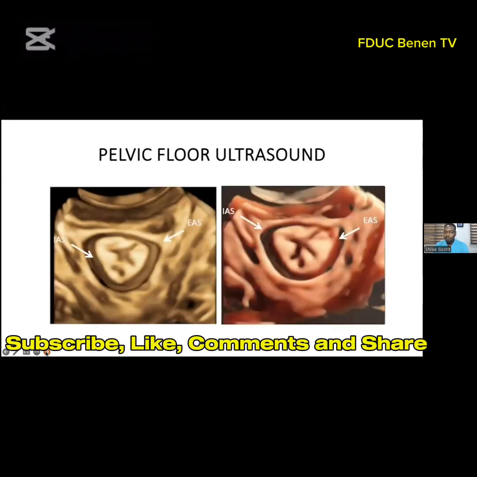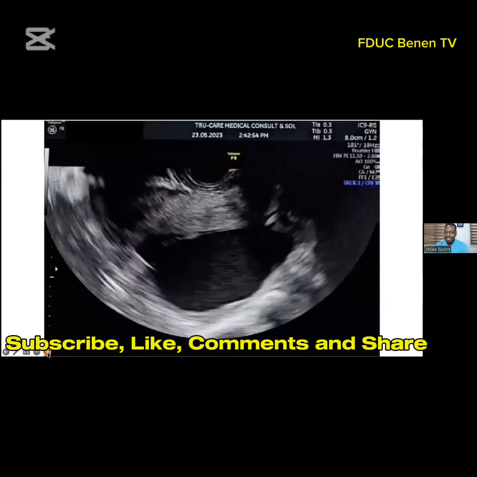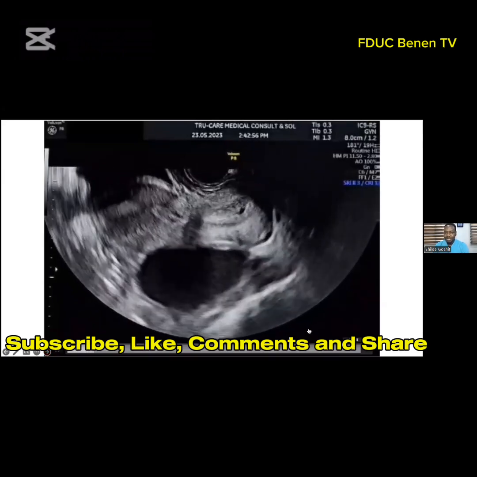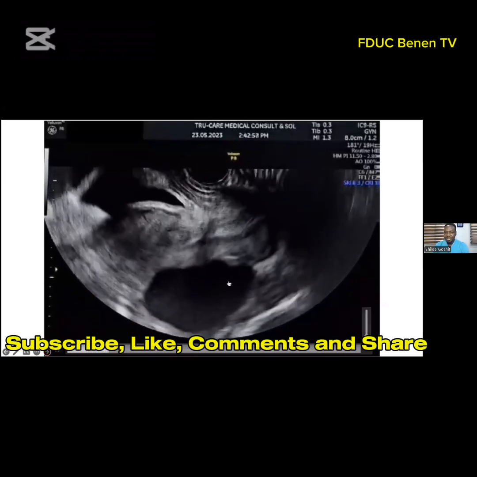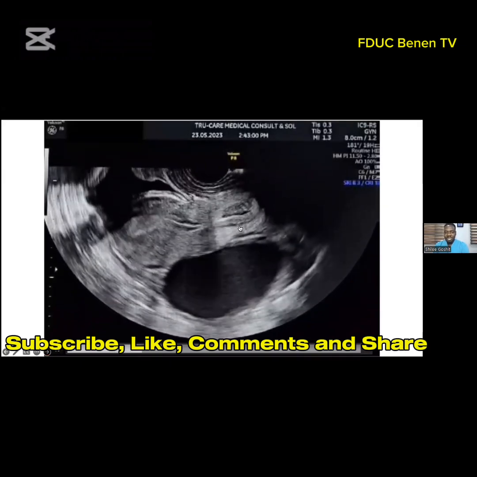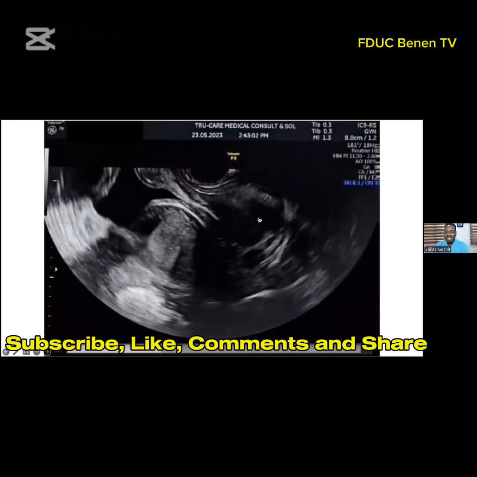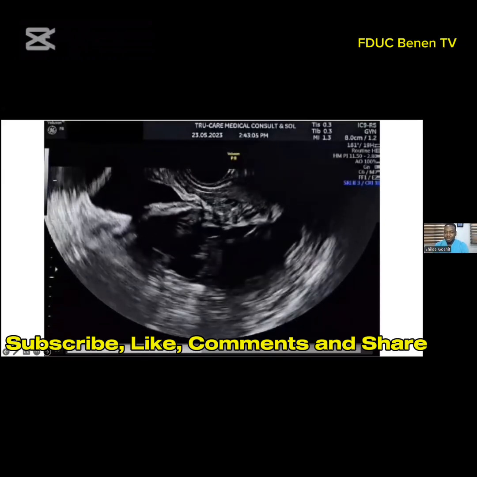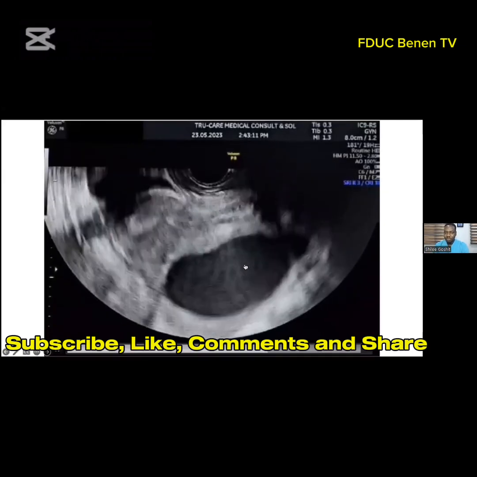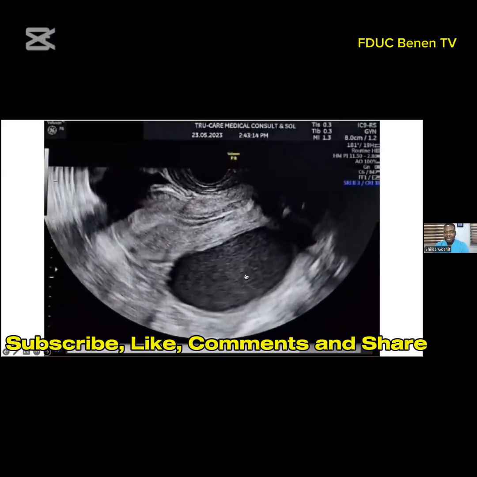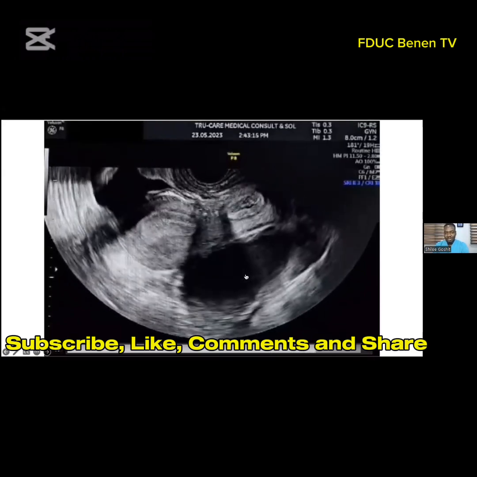So the pelvic floor is important. You can see anal sphincters. These are things that are easy to see. For example, this is a patient that had advanced endometriosis. You can see that you don't have any sliding. Like I said, this is talking about potential. You see how the ovary is moving with the uterus. There's no sliding organ sign. You can see an endometrioma here on the left.